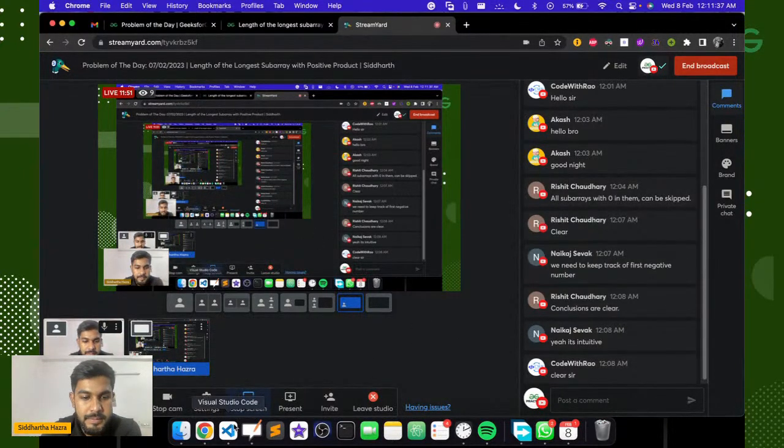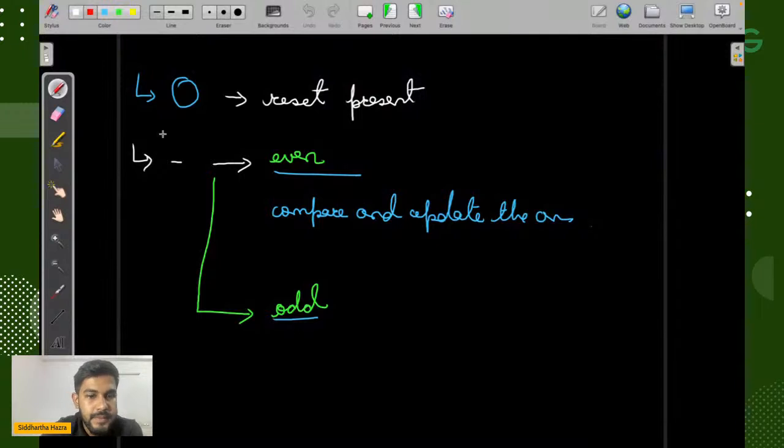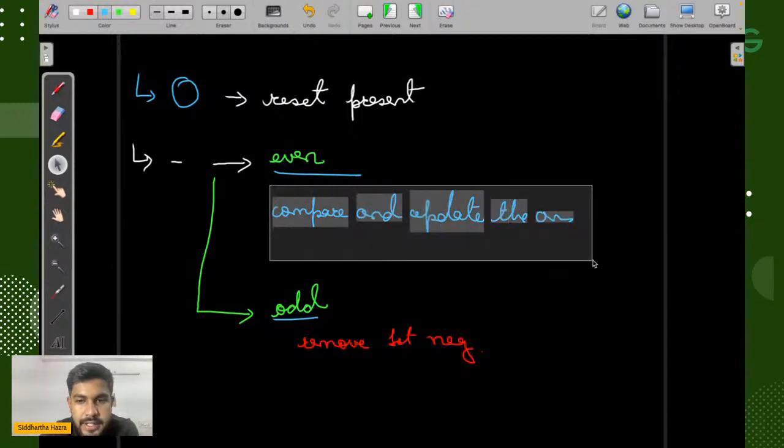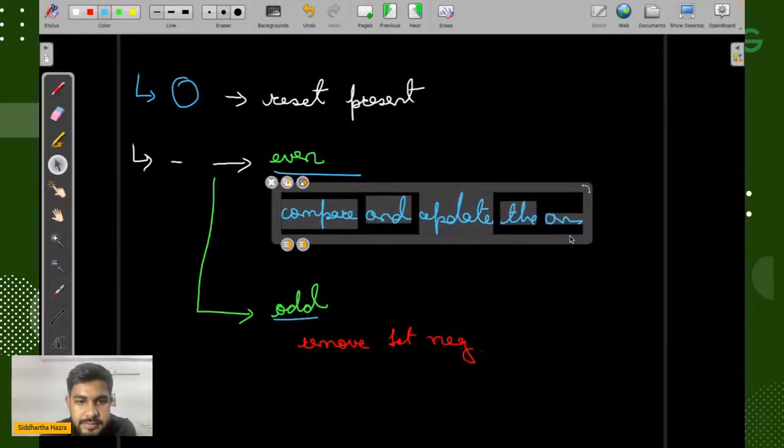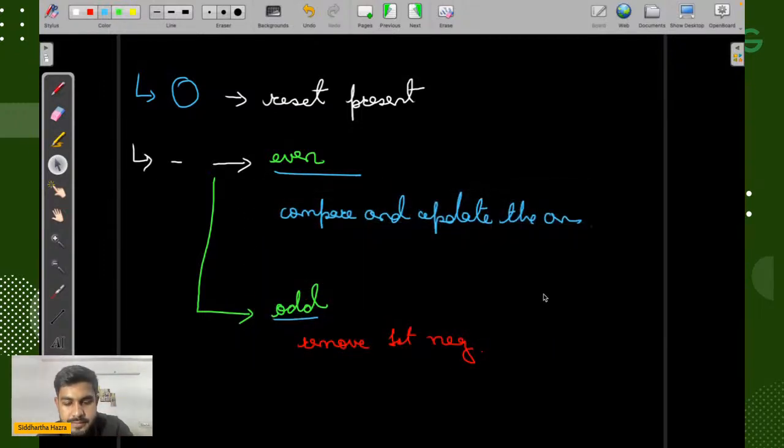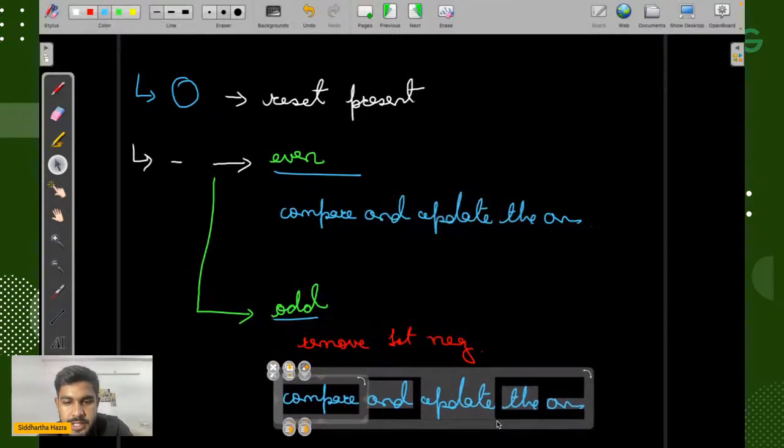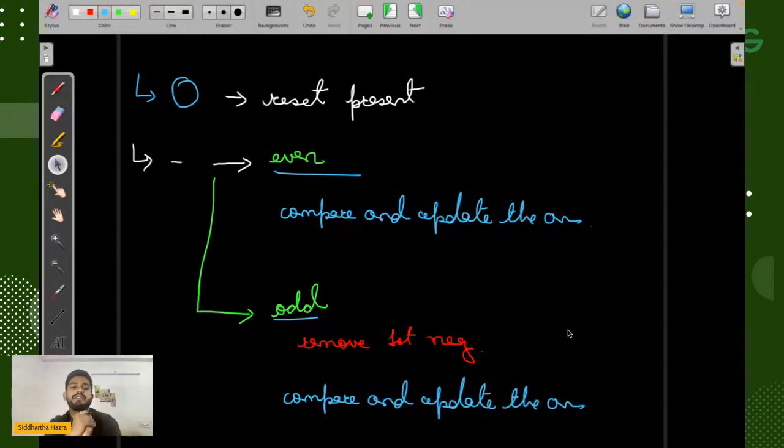Okay, now let me just show you. Remove the first negative and then again compare and update the answer. Then compare and update the answer.